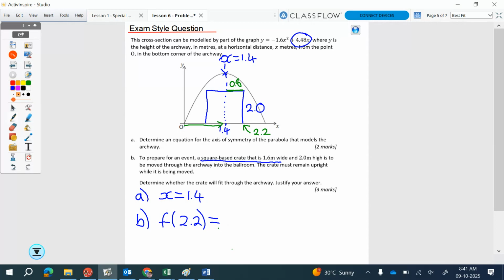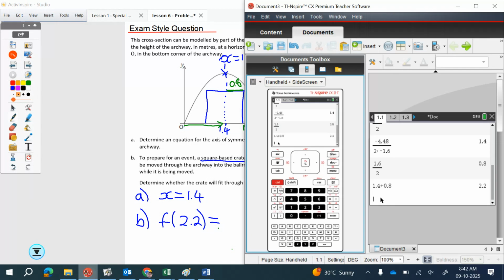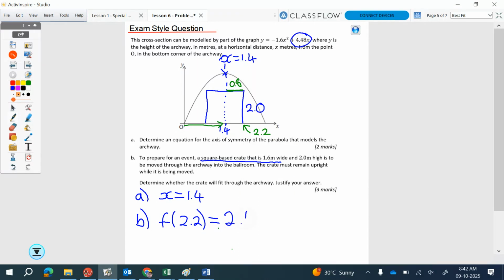That will probably get you 1 point so far, because that shows you found this point here. We go onto the graphing calculator, press variables, choose F2, put in 2.2, and press enter. The archway is going to be 2.11 meters high. So this is 2.11. Will it fit?